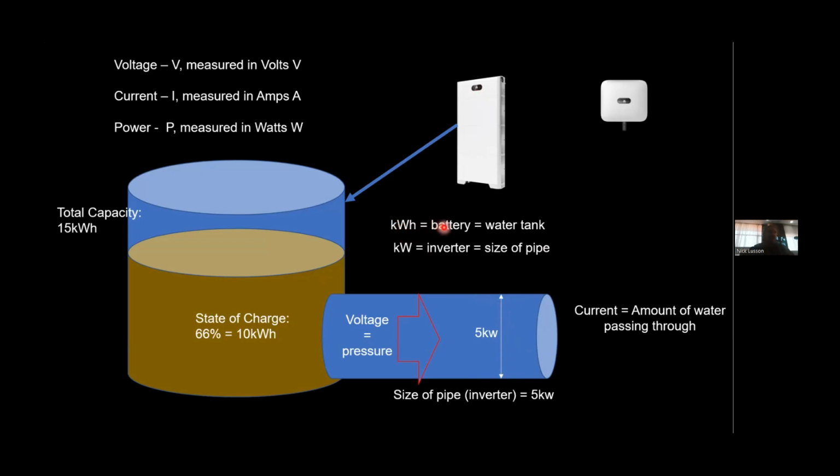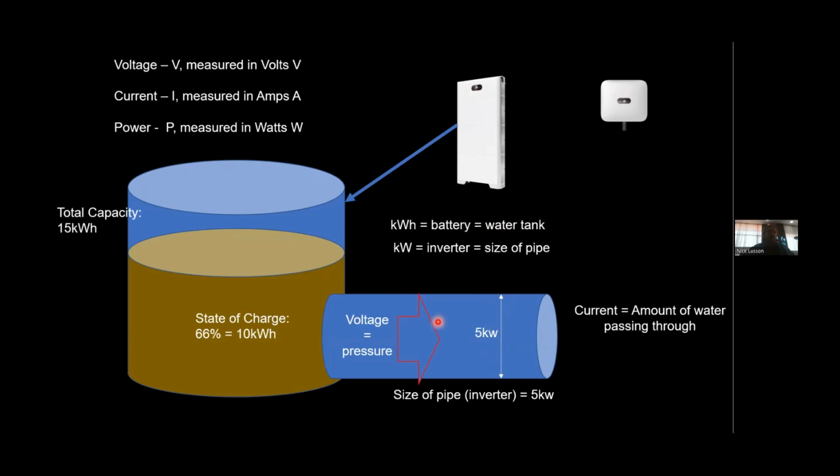Kilowatt hours is battery. It's like the water tank. And kilowatts is the inverter. It's like the size of the pipe, because this means you could never get more than 5 kilowatts at any one particular time. Just like the pipe, just like the inverter. All right, I hope that analogy makes sense.